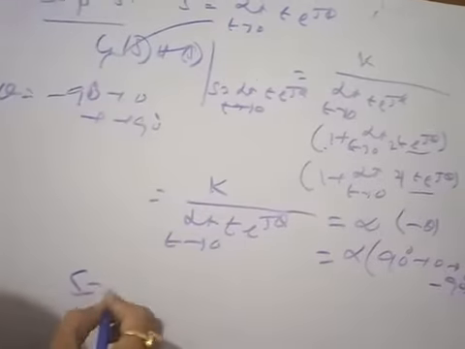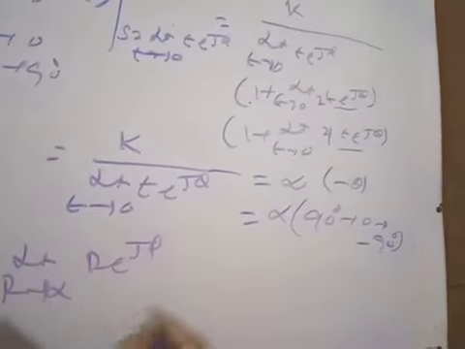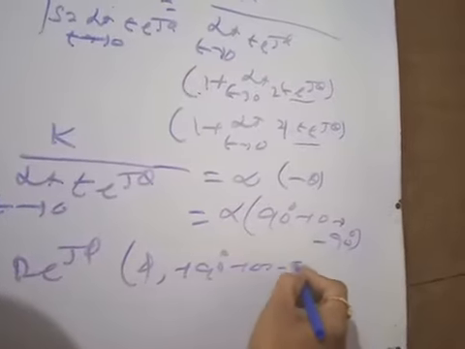Now put the value of s equal to limit r tends to infinity, r e to the power j phi, where phi varies from plus 90 degrees to 0 to minus 90 degrees.